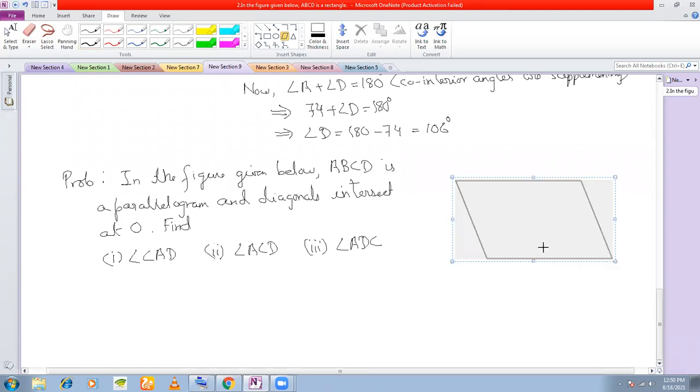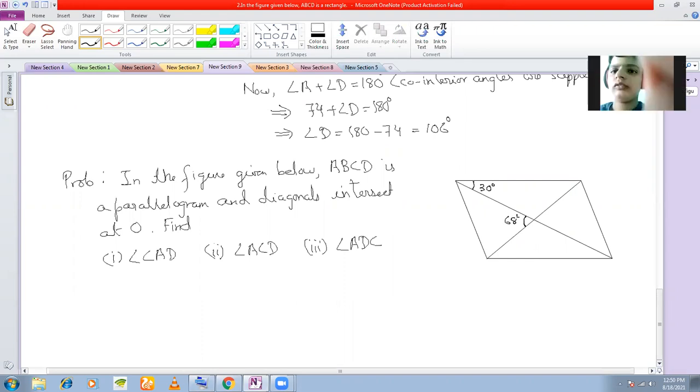This is the figure that is given to you. This angle is 30 degree given. This angle is given to you as 68 degree. And this angle is given to you as 46 degree.